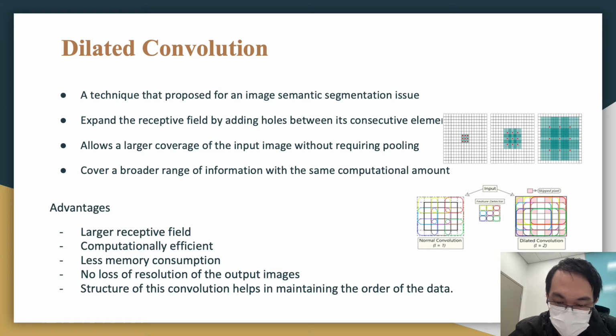The image segmentation has a downsampling problem, which reduces image resolution and loses information. To solve this issue, dilated convolution expands the receptive field by adding holes between its consecutive elements. This technique is similar to convolution, however, it skips pixels in order to cover a large area of input.